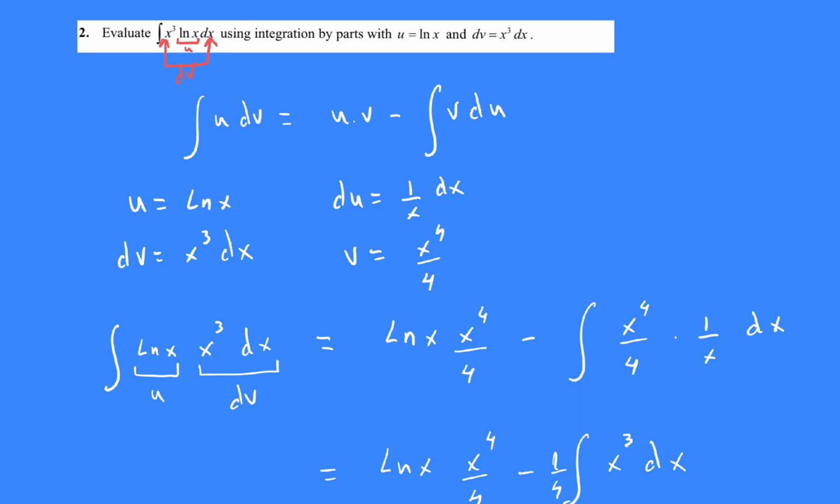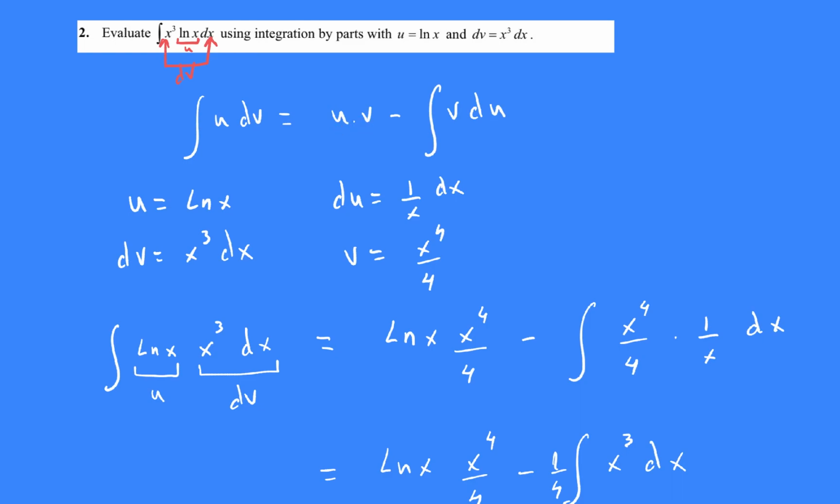So this is du. And if dv is x to the third power, v is the function whose derivative is x raised to the 3, so it's x to the 4 divided by 4. Now we plug our data into this equation: u dv, natural log of x times x cubed dx, equals.